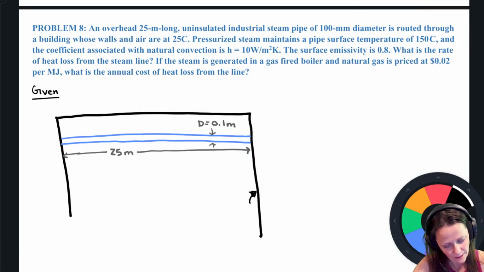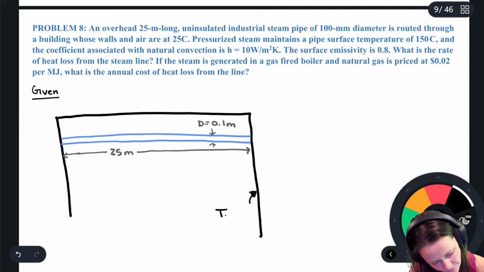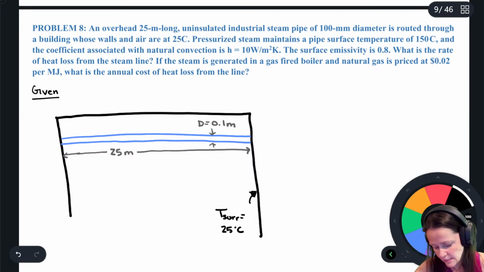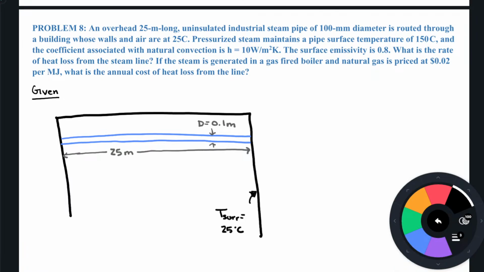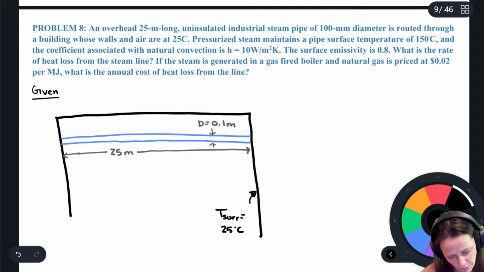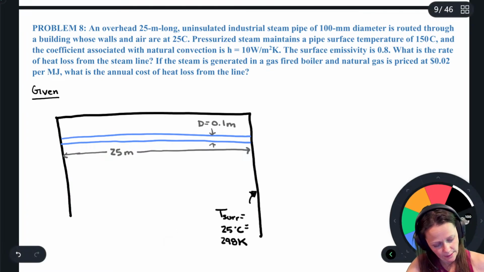So the wall and the air, I'll call this T_SURR. So this is 25 degrees Celsius or 298 Kelvin. Okay. And the air is also at the same temperature, so 298 Kelvin.